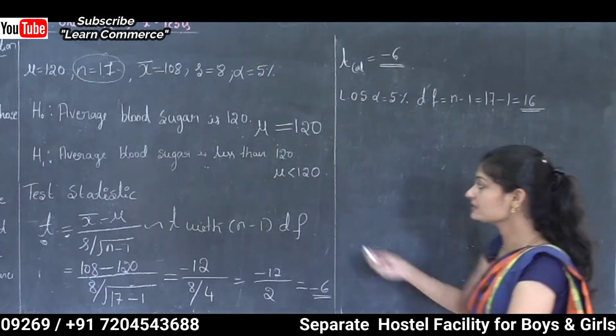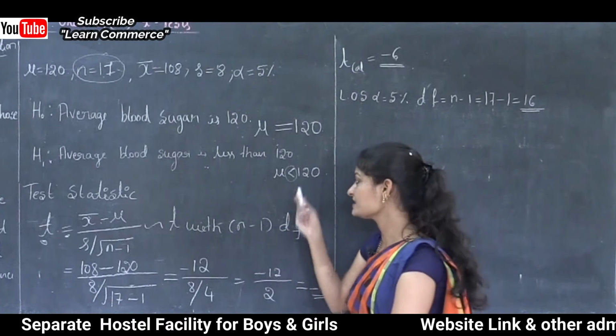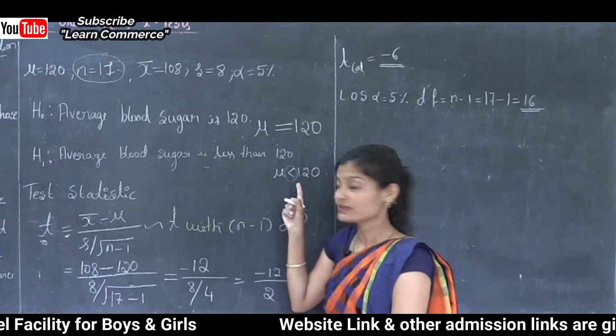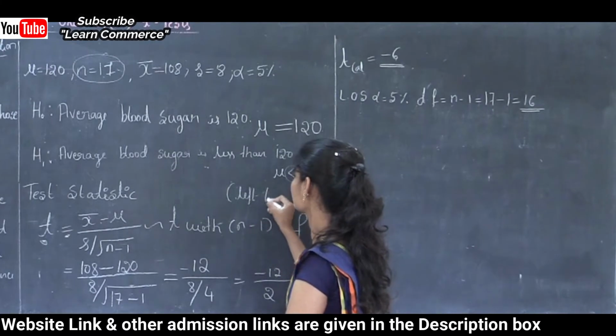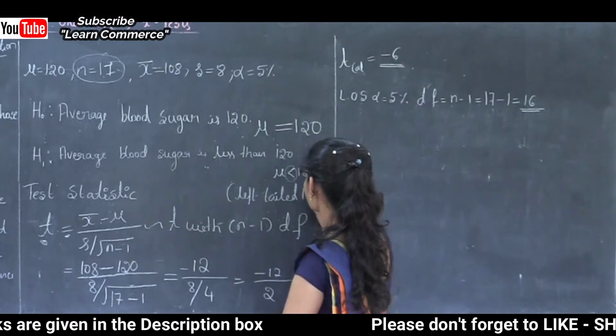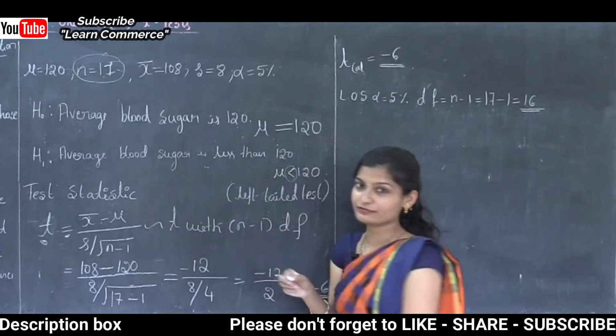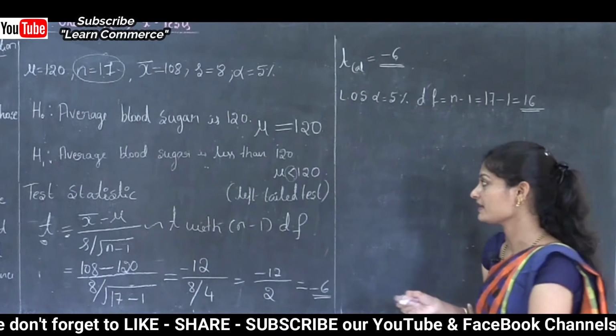And see here the alternative hypothesis is of the less than type, so this is a left tail test. If it is left tail, we have to find the critical value, minus k.